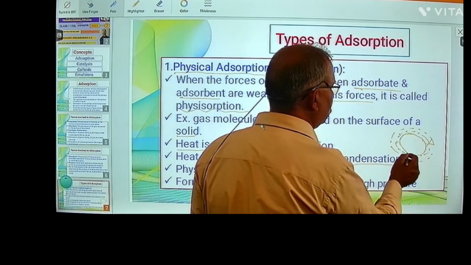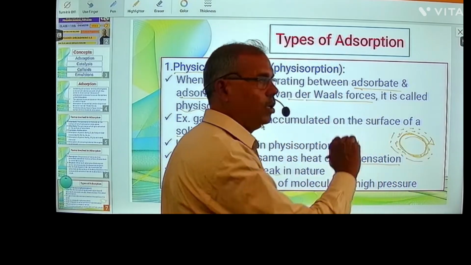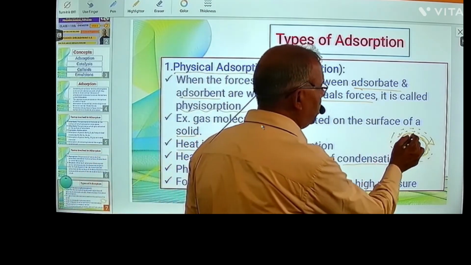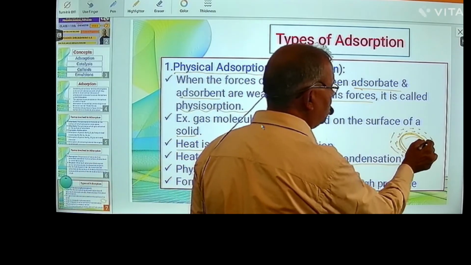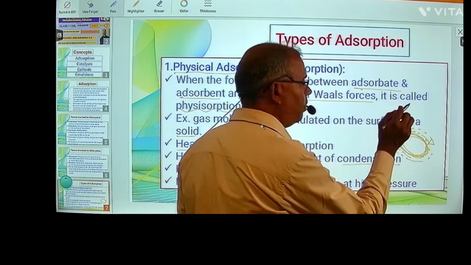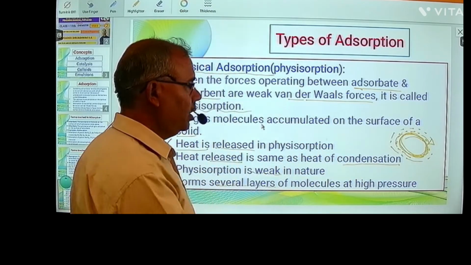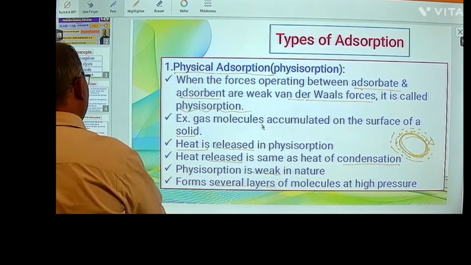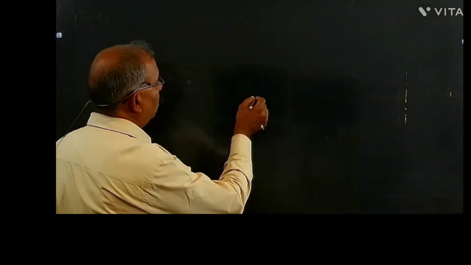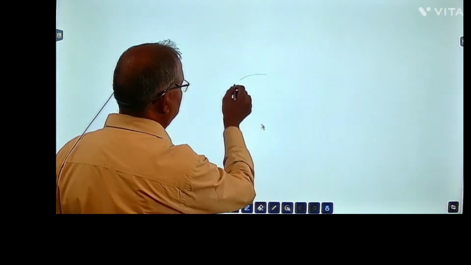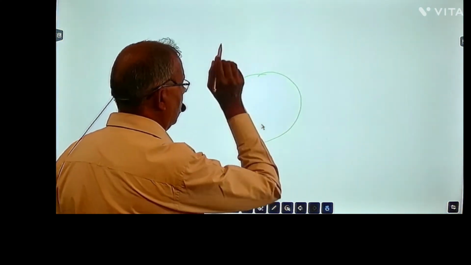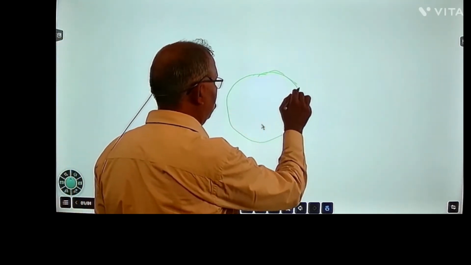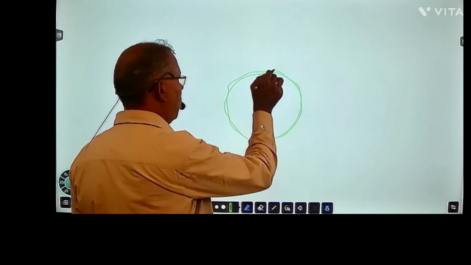Let's say this is the solid adsorbent substance, this is the surface of that adsorbent, and on this surface let's say the first layer is formed. This will be the surface available for adsorption.